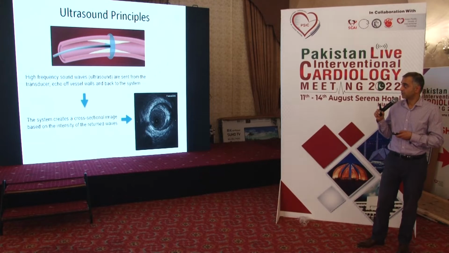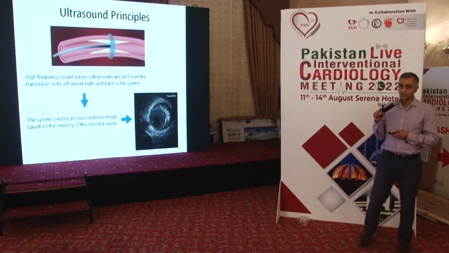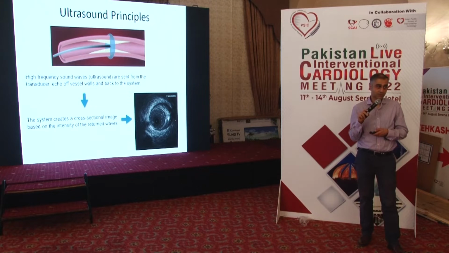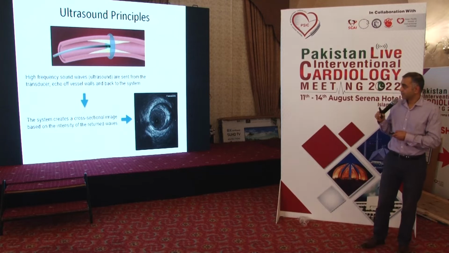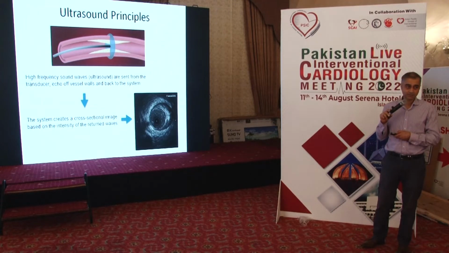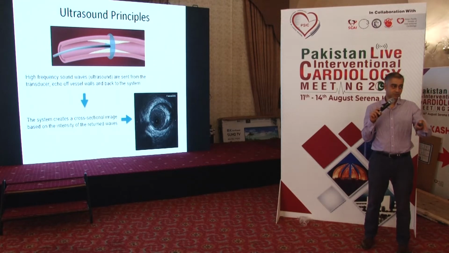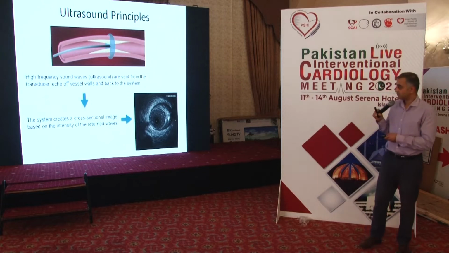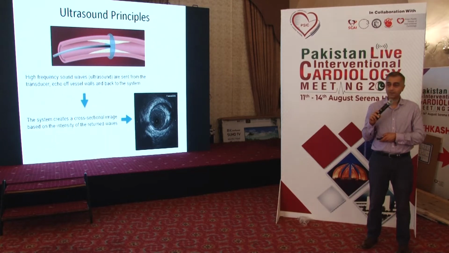And usually what we tend to use for ultrasound in medical practice is sort of 20, 40 or 60 megahertz, right? So what happens is this probe is passed and it sends out the ultrasound signals, but it also acts as a receiver as well. So those signals are sent out, generate echoes, come back to the transducer, which is a receiver, and that picks it up, and it gives you this sort of black and white cross-sectional image of the coronary artery.